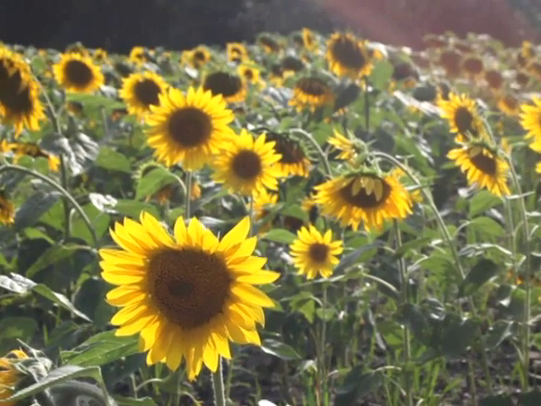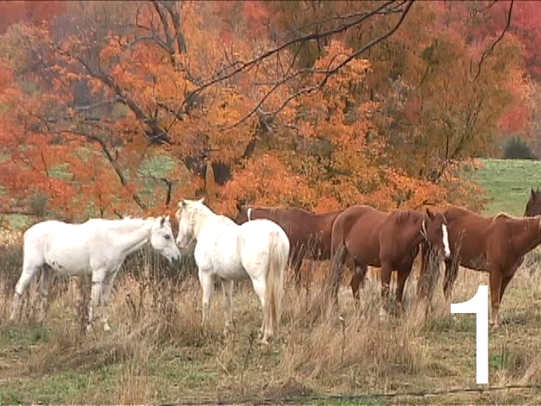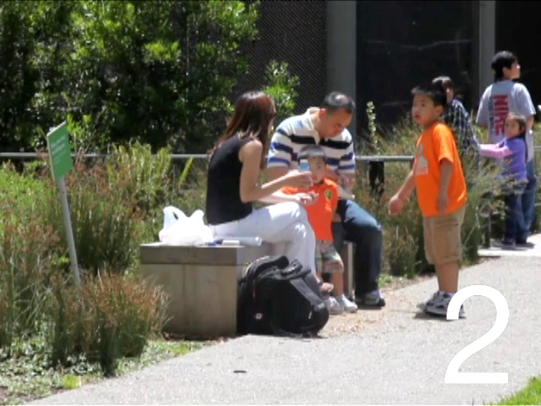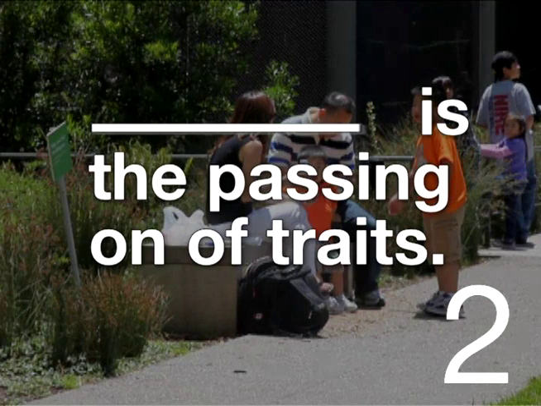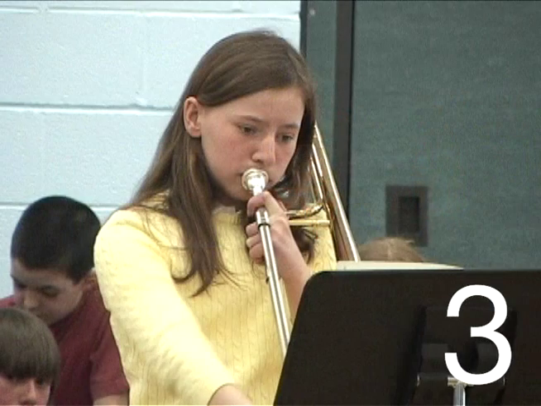Fill in the correct word to complete the sentence. Number 1. Another word for characteristic is blank. Number 2. Blank is the passing on of traits. Number 3.